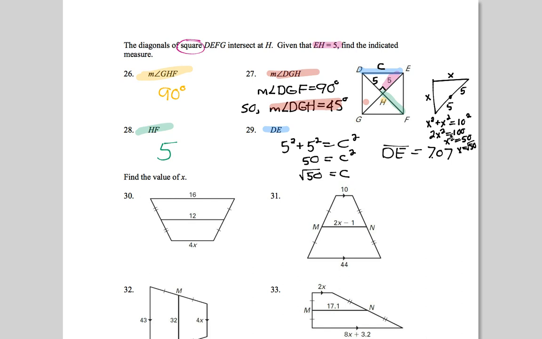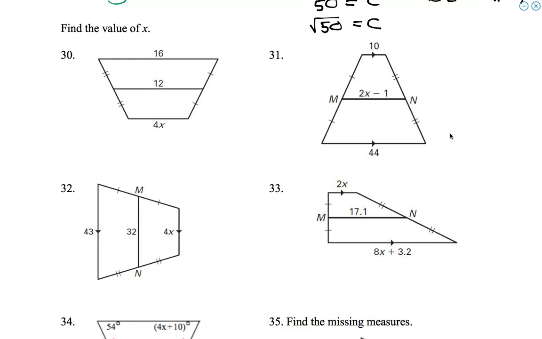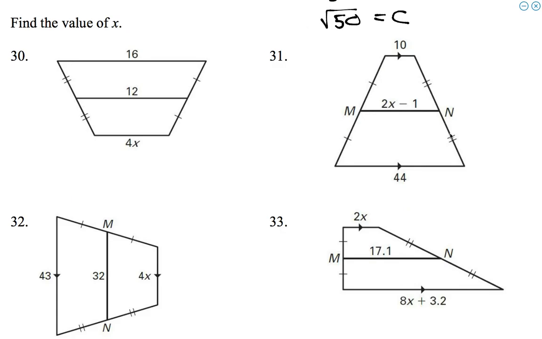I'm just going to do one of these next four because they're all based off of the same theorem. That the mid segment, so 12, is going to equal half the sum of the two bases.